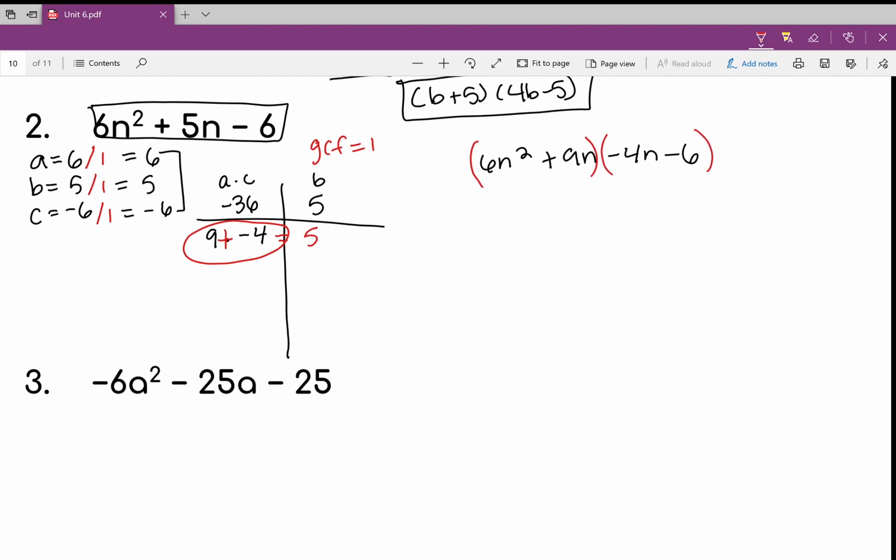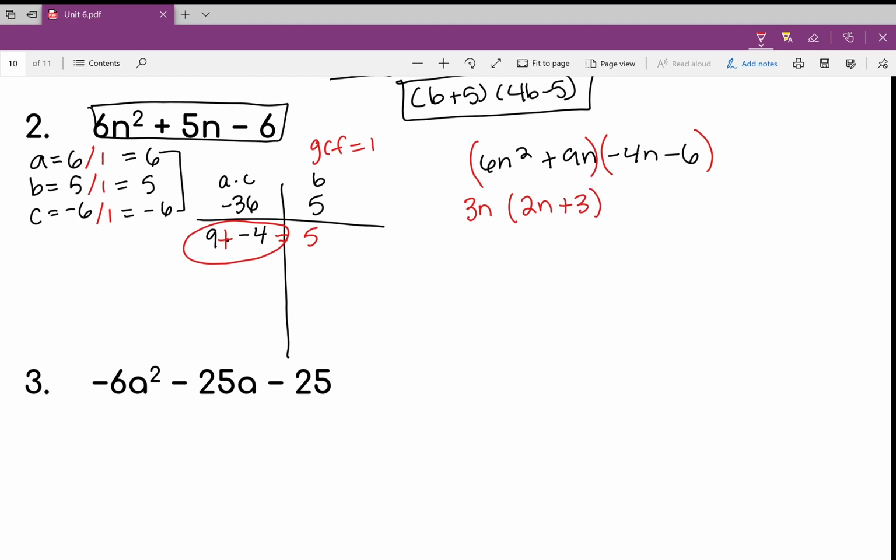Okay, so what can I take out of 6 and 9? The biggest number I can take out of 6 and 9 is 3. And then the most variables I can take out is n. So if I take out a 3n from 6n squared, I'm left with 2n. And if I take out a 3n from 9n, I'm left with just the 3.